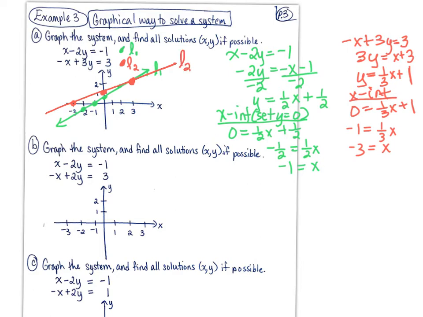So it looked like they were going to be parallel originally, but they're not parallel, right? Because they intersect at this point. What is that point? 3, 2. Good. They intersect at the point 3, 2. So that's our solution. The point 3, 2 is our solution.